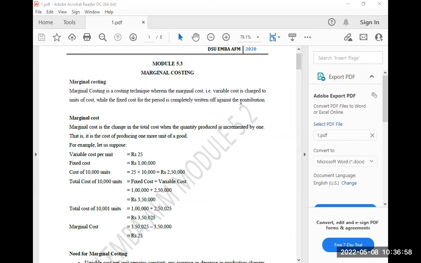If I want to produce one more unit, the 101st unit, in addition to the existing 100, how much is going to increase in the total cost? What was the total cost I told you to produce 100 units? 10,000. Now if you produce one more unit, your total cost is going to become 10,100.